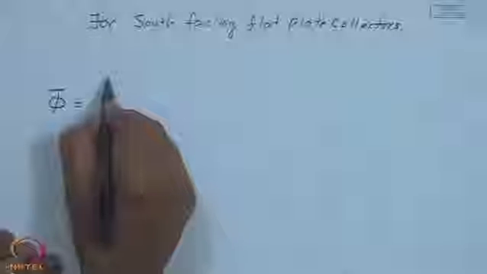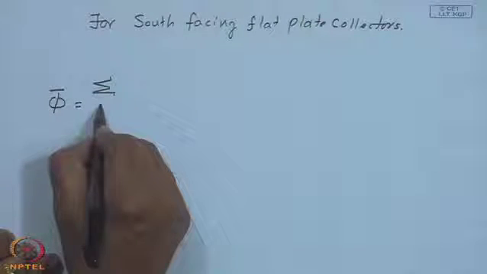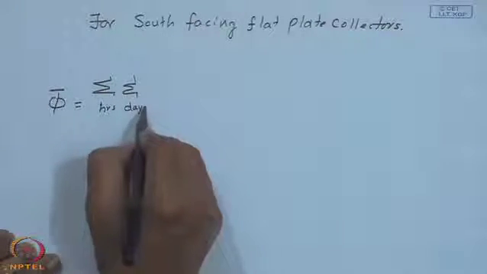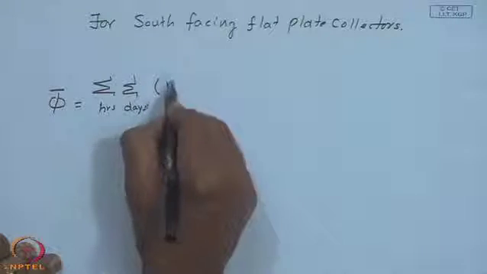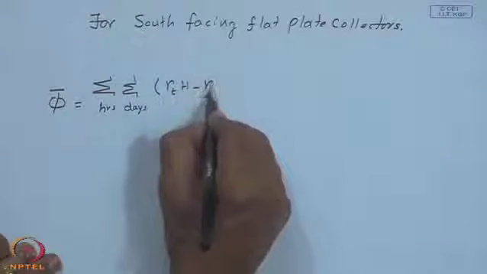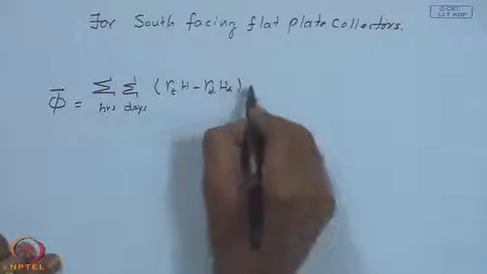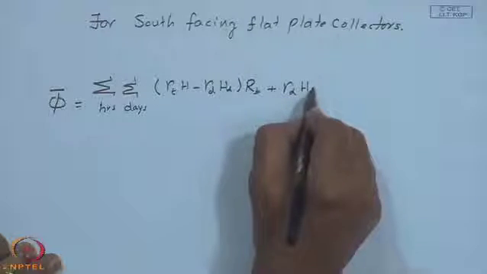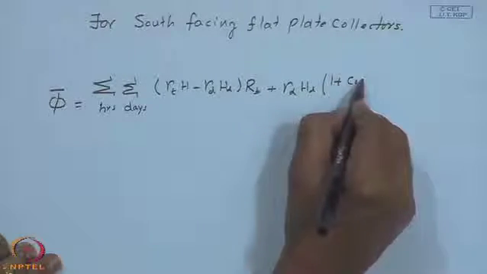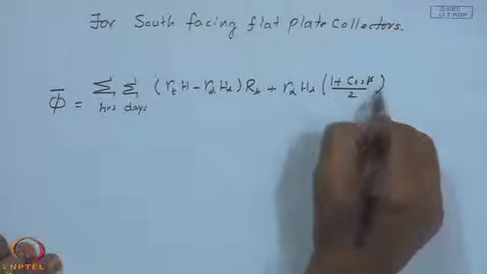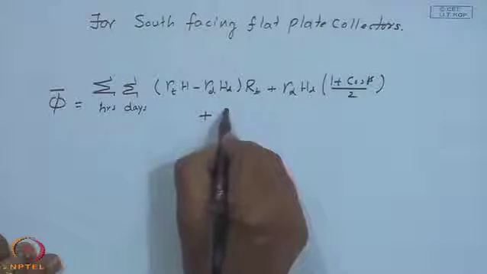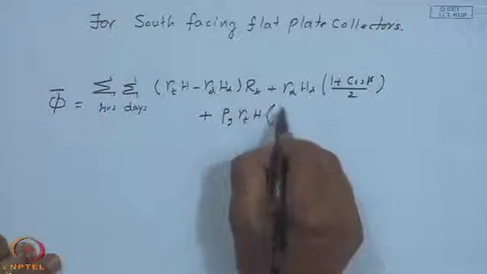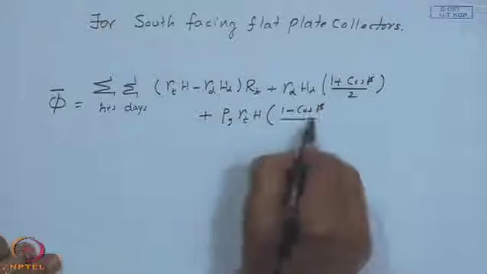However, I shall write it down here: sum over hours, over days, R t into H minus R d into H d times R b plus R d H d times 1 plus cos beta by 2, then plus rho g R t into H into 1 minus cos beta by 2.